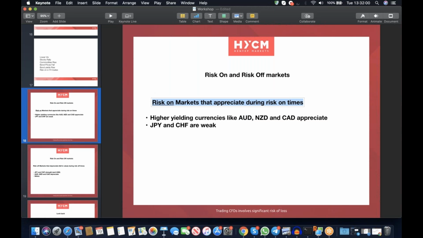This slight move towards a risk-on market has been supportive of the Australian dollar, and I was expecting the Australian dollar to be more negative after the RBA minutes out last night.